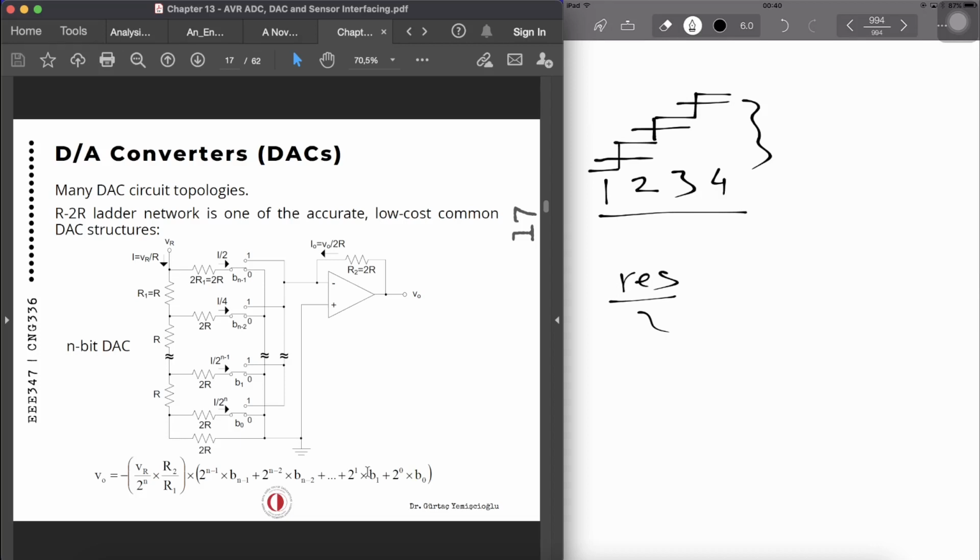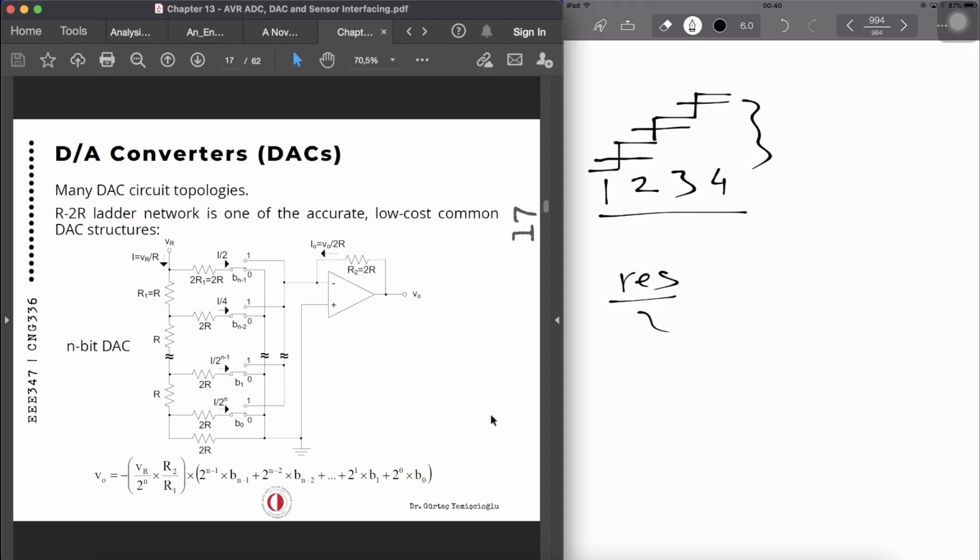But we choose this one because it is going to be the most common implementation, which you may find in microcontrollers, including our AVR actually. And it is popular because it can achieve a much higher degree of precision, and at the same time, this whole thing can be done with a single analog comparator. Okay, so you don't need extra components over there.